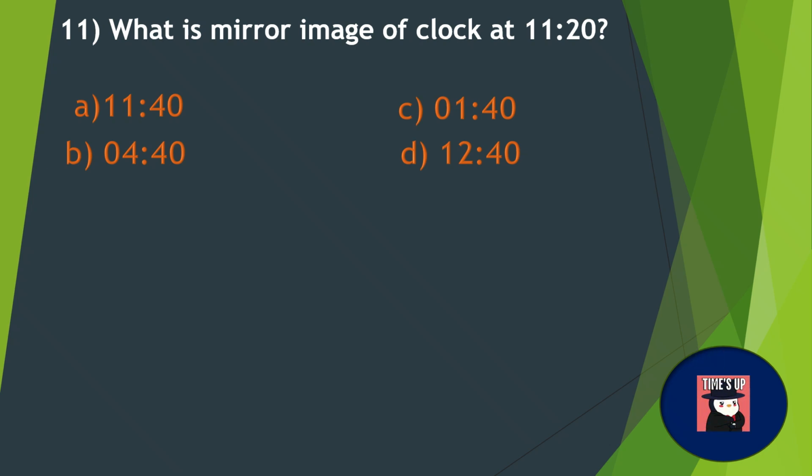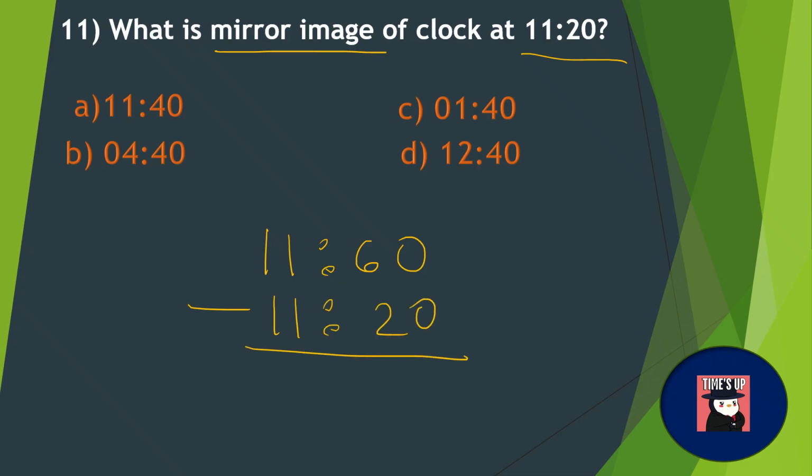Time up. What is the mirror image at 11:20? So 11:60 minus 11:20 I'm doing. So the answer I'm getting is 0, 0 and 40 minutes. What do you mean by 0, 0? That means 12. So 12:40 is the correct option.